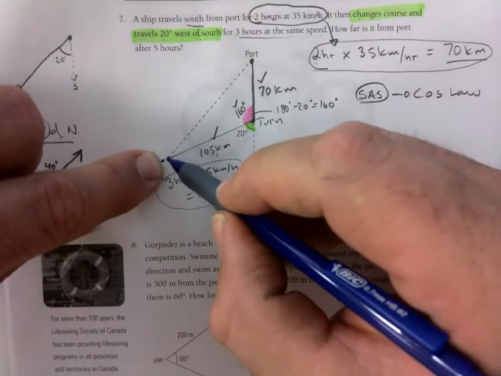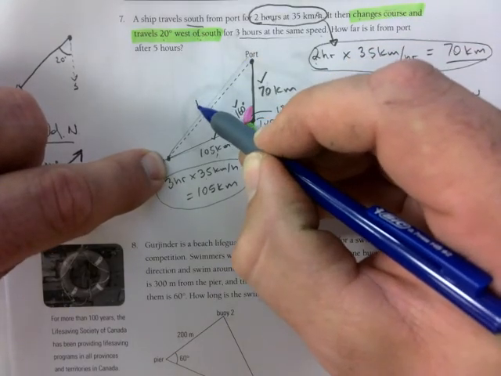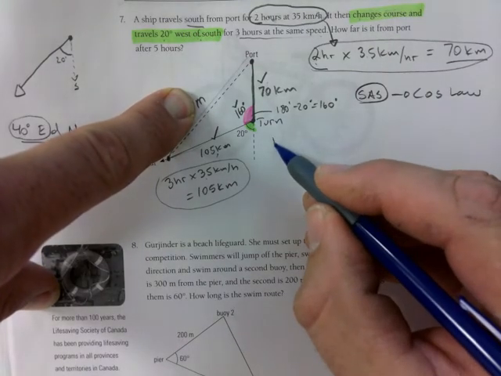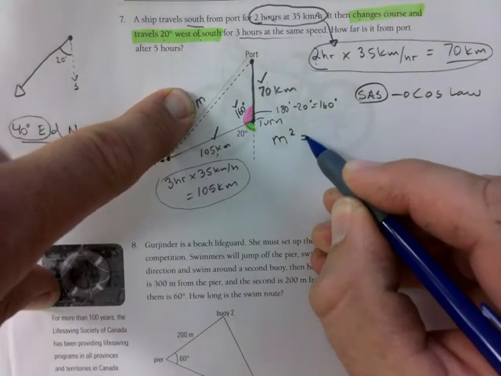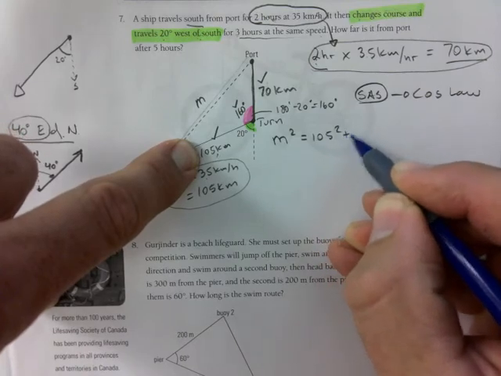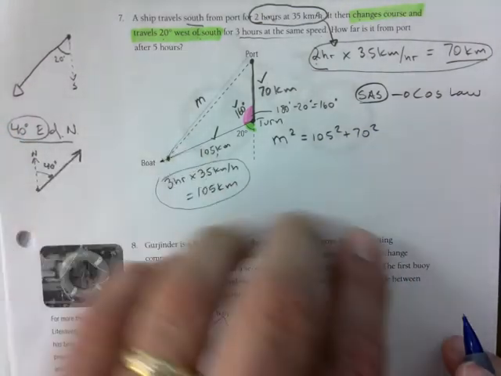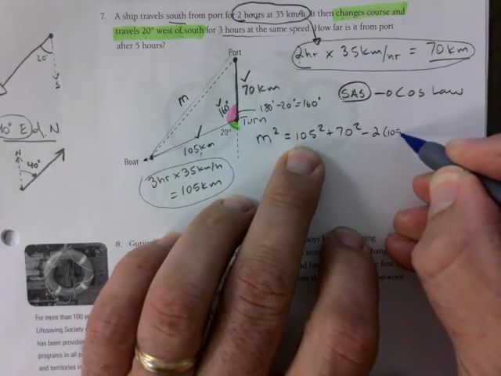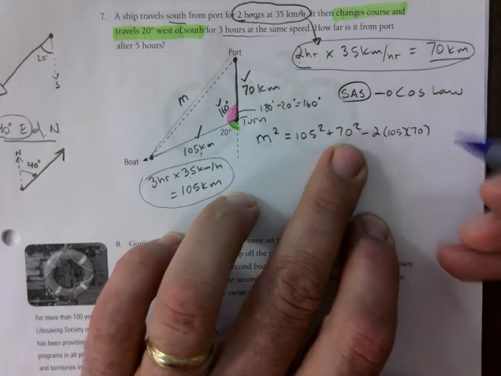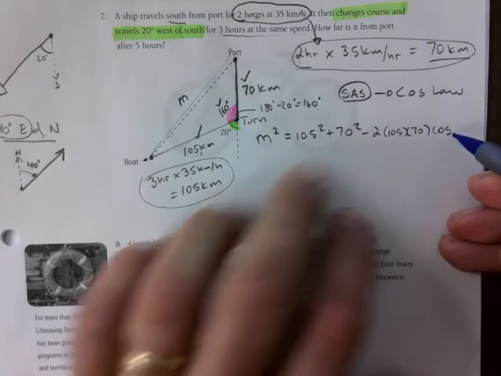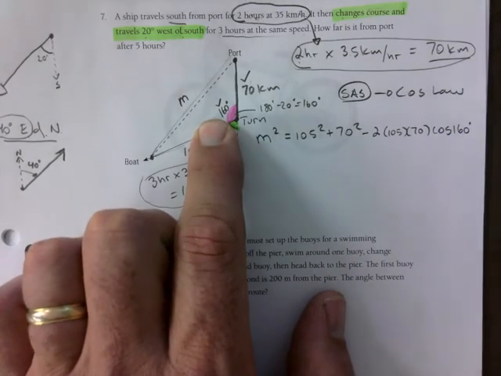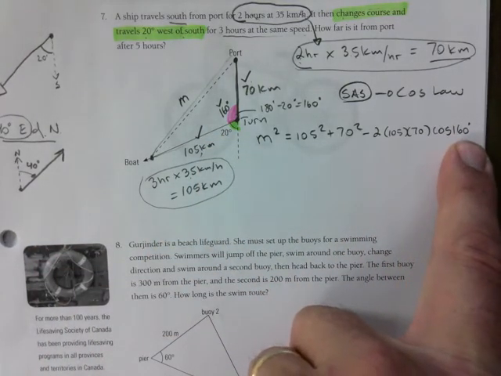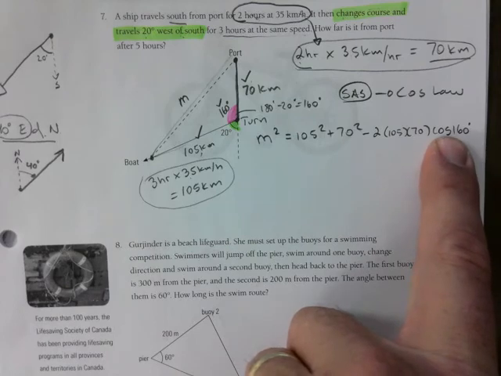To find this side, let's call this M, just to change it up a little bit, you take the other two sides, square and add, right? Then you go minus 2 times the first one, times the second one, times cosine of 160. Do you remember what I talked about? What's cosine of an obtuse angle? Negative. It's negative, right?